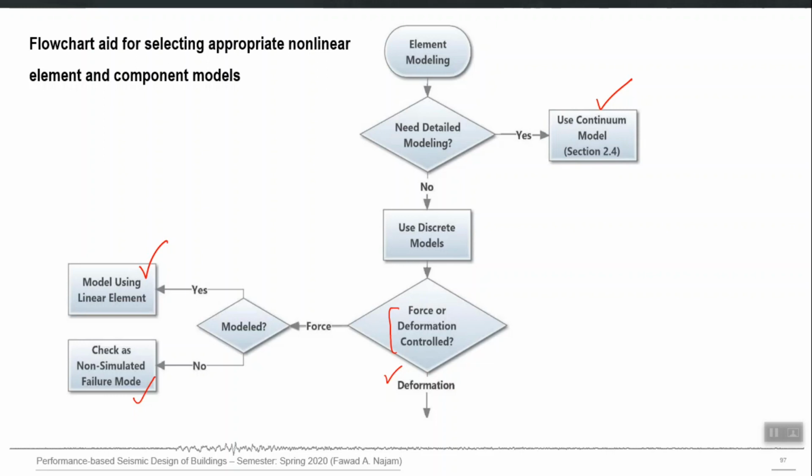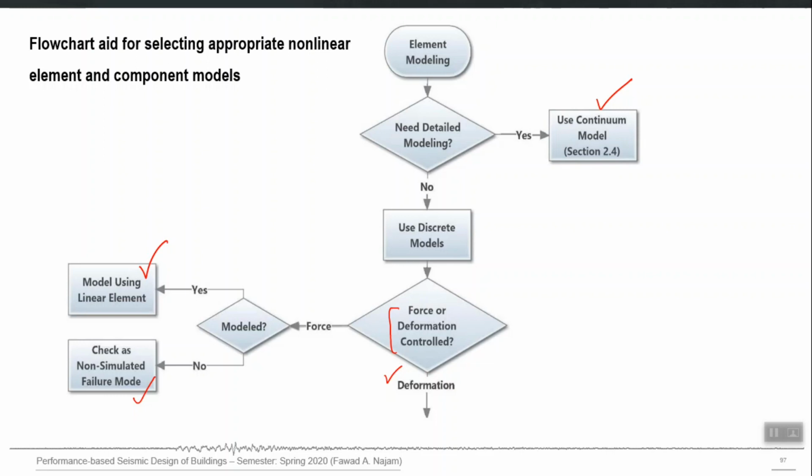In that case, the model will automatically tell whether the shear failure has occurred or not, because I defined a hinge in it, and in the hinge I am giving my own capacity to the program to compare it with the demand. So this is a simulated action. Now the model has the capacity to tell whether the shear failure has occurred or not.